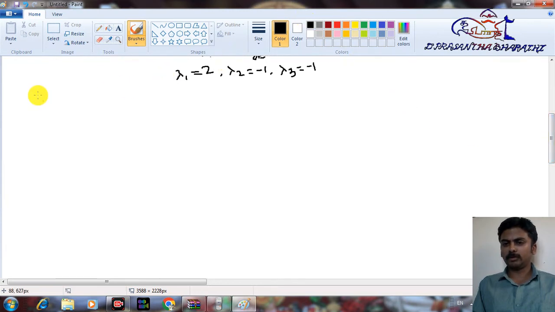Now we want to find eigenvectors. So these are our eigenvalues, and now we want to find eigenvectors.